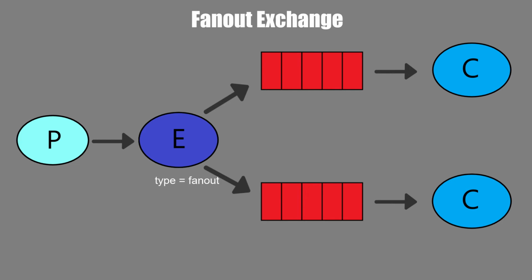Now if we want to send a specific message to a specific queue, in that case we will be using a direct type of exchange. In this, we define the binding key for each of the queues, and each message sent will have a routing key. If the routing key and the binding key match, then the message is delivered to that queue.